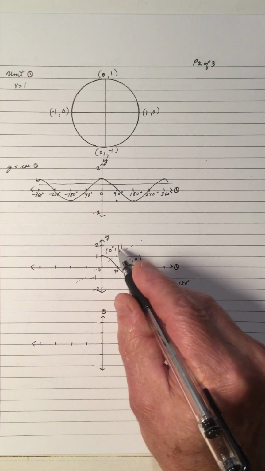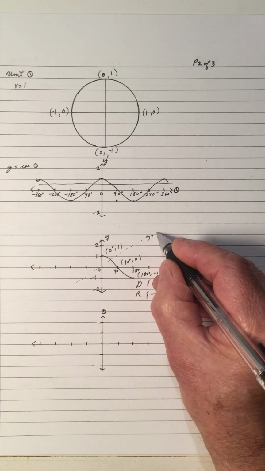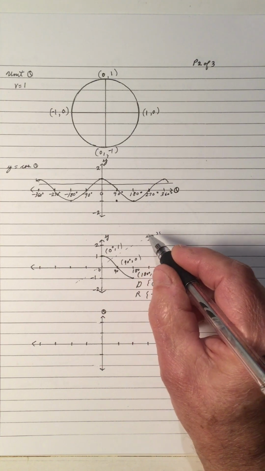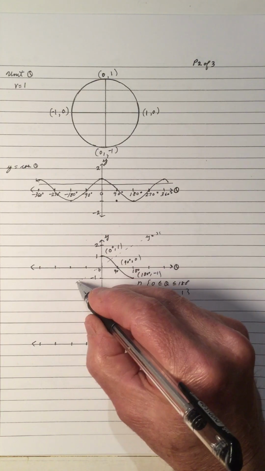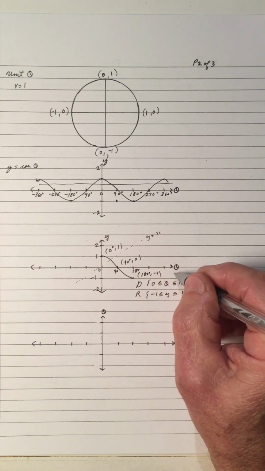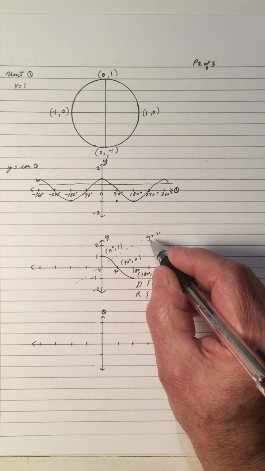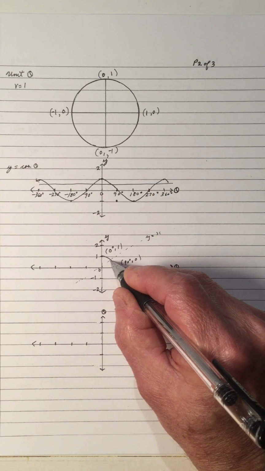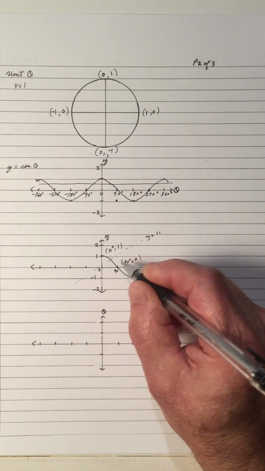So you rotate these ordered pairs by reflecting in the line y equals x, where the values are equal to each other. So we have 45 degrees, etc.